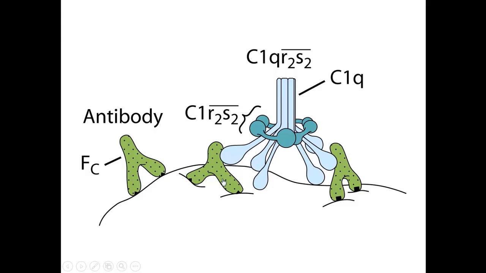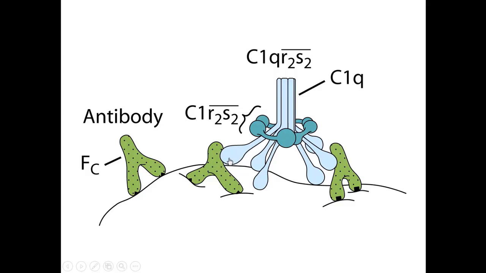As you see here, these are molecules of IgG, and when IgG binds to an antigen, it forms an antigen-antibody complex. After forming the antigen-antibody complex, C1 can bind to the Fc region of the antibodies from its C1q head.